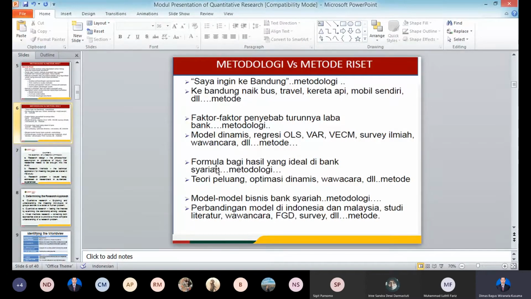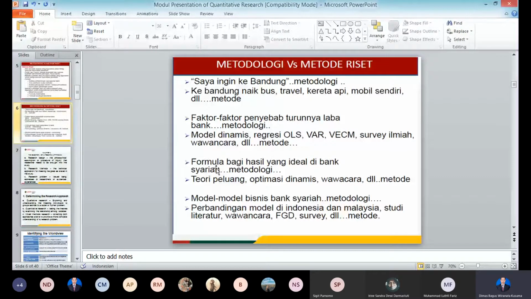The formula of profit risk sharing in banks is the methodology; using probability theory, optimal theory, and interviews are the methods.